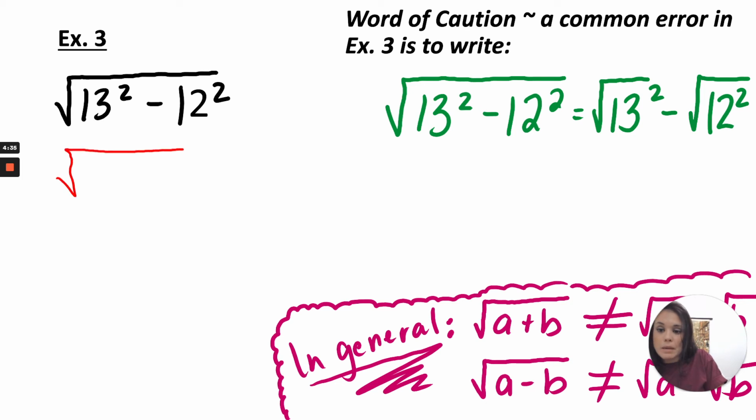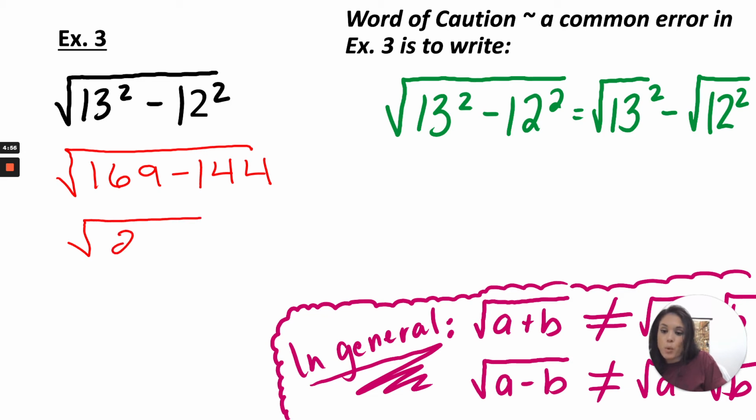I'm going to keep my square root and solve this. 13 squared is 169. 12 squared is 144. I'm going to subtract this and keep my square root of 25. And the square root of 25 is 5. And that would be my answer for this expression.